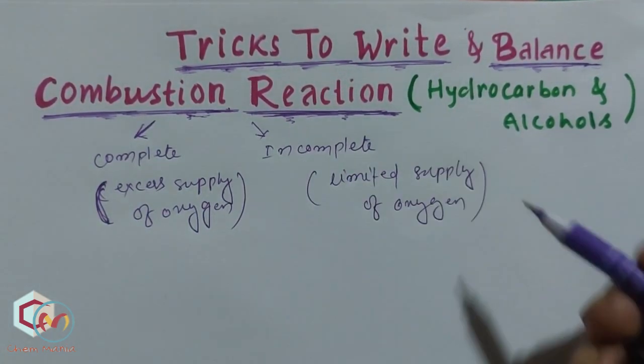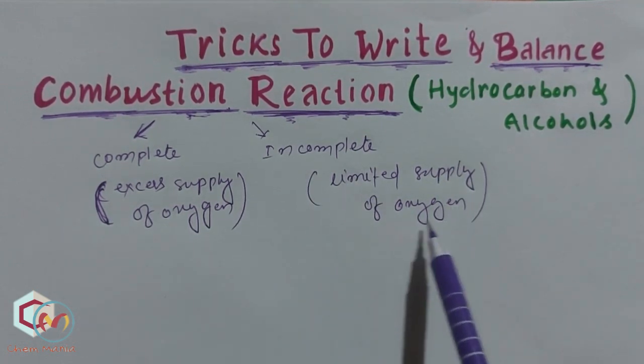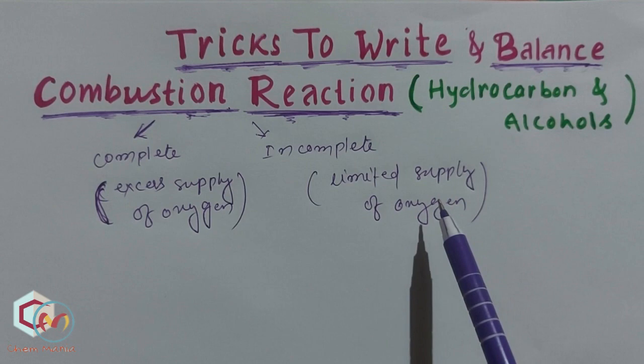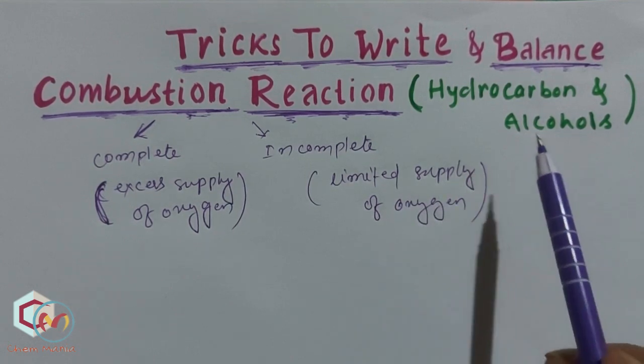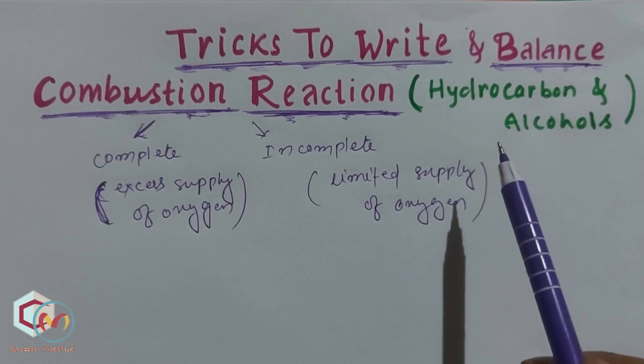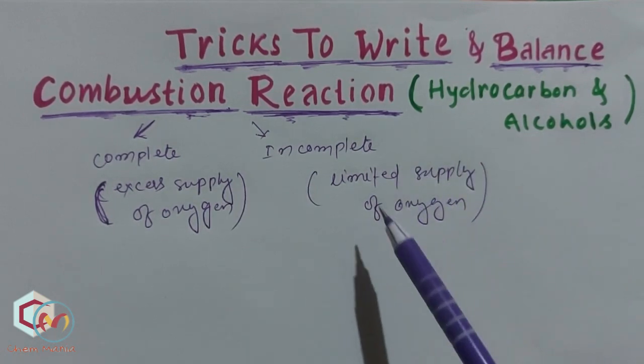But in case of incomplete combustion, there is limited supply of oxygen we are providing. Because of this limited supply of oxygen, some hydrocarbons are left over without any reaction or without being oxidized.